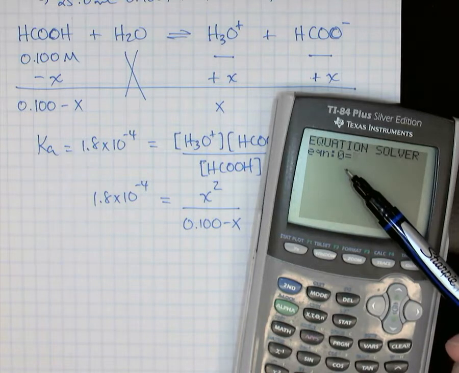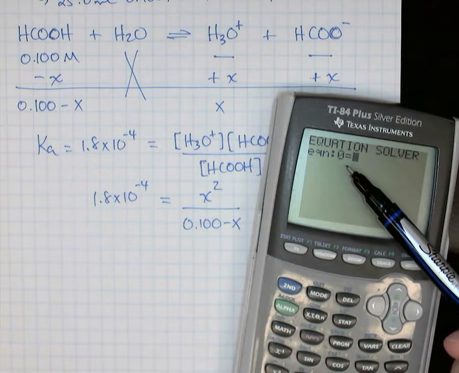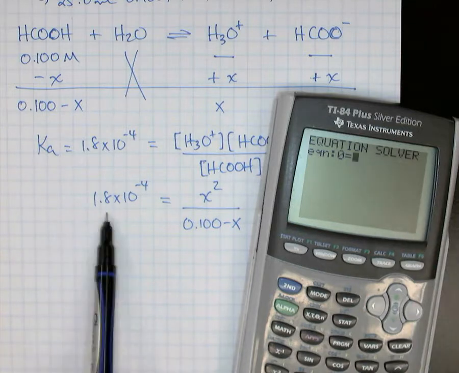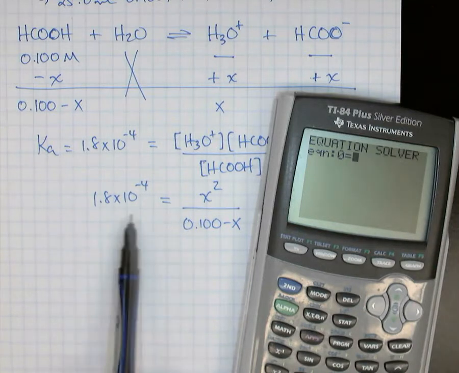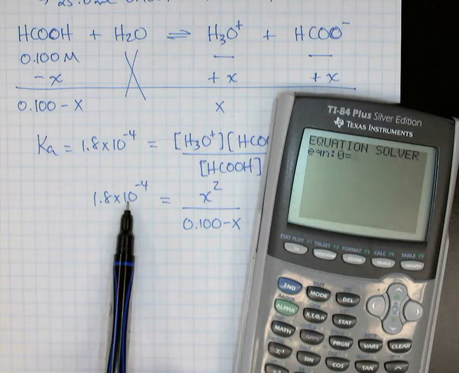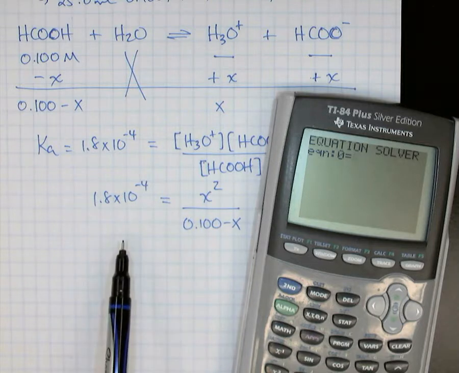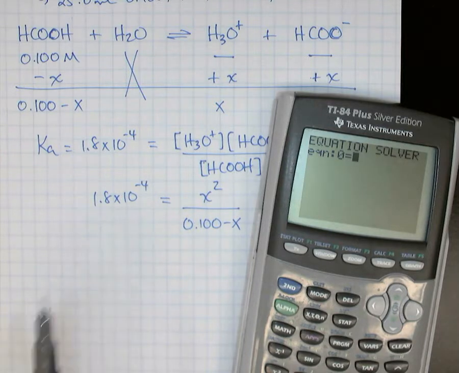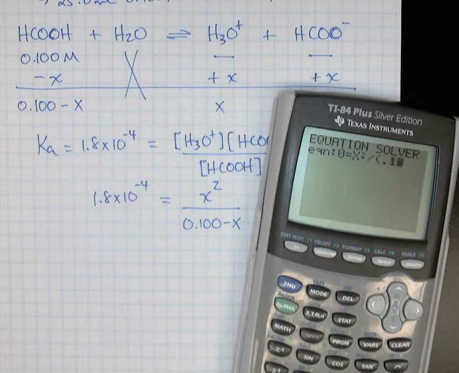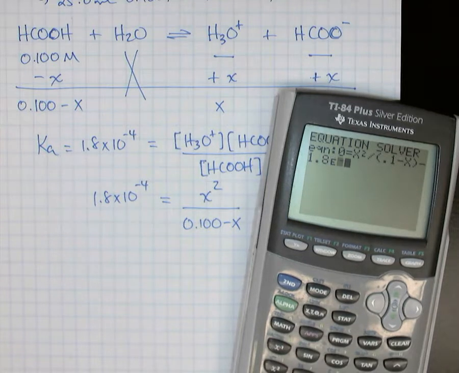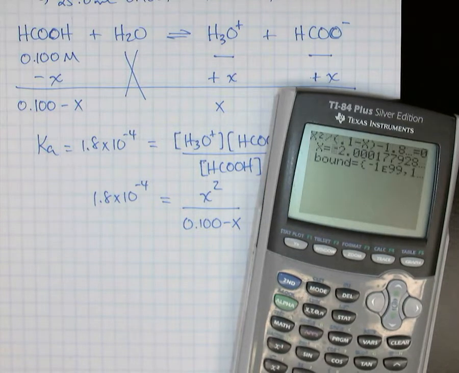When using the solver, you have to enter your equation in the form 0 equals, not Ka equals. So we'll just take the Ka value and move it to the other side of the equation. We'll subtract it from both sides. So we'll have X squared divided by bracket 0.1 minus X, close the bracket, and then minus 1.8 times 10 to the minus 4 equals, and then we give the calculator a guess.